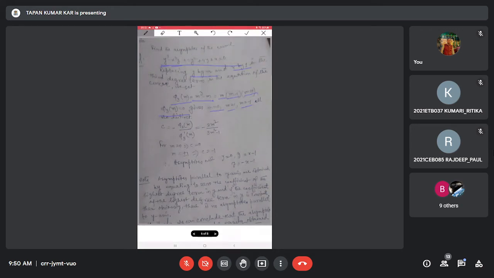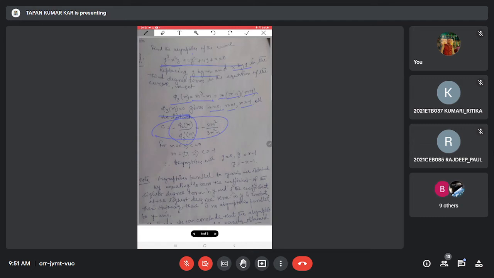So you will get three different asymptotes, and the corresponding C can be obtained by using this formula. C equal to minus phi 2 m by phi 3 dash m. This is the formula, you know that when roots are different, the corresponding C can be obtained using this. So for m equal to 0, C will be 2 into 0 square over 3 into 0 square minus 1, so 0.